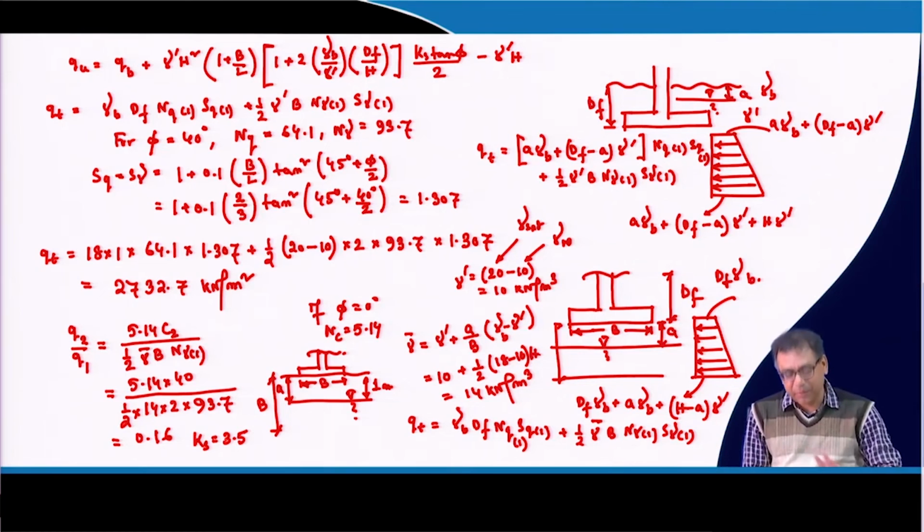In the assignment problem also I will try to give these values, but if not, you can take the Ks value and the variation will not be significant. Your answer and mine will be very close. So, Ks value is 3.5.